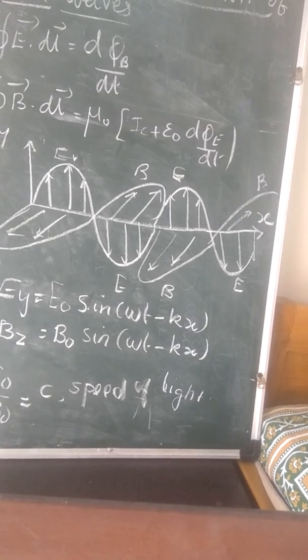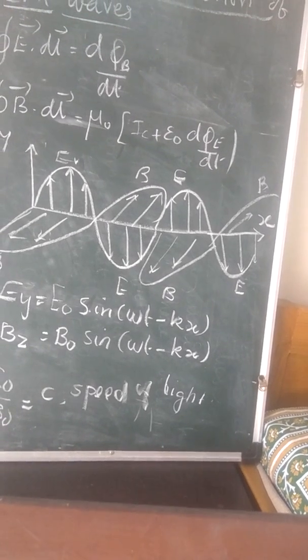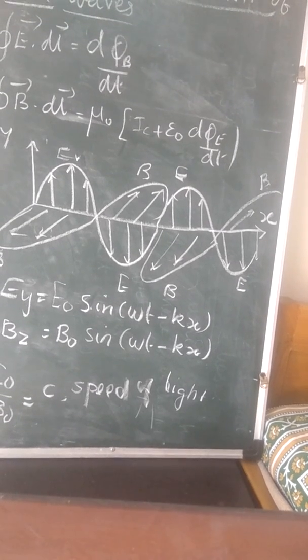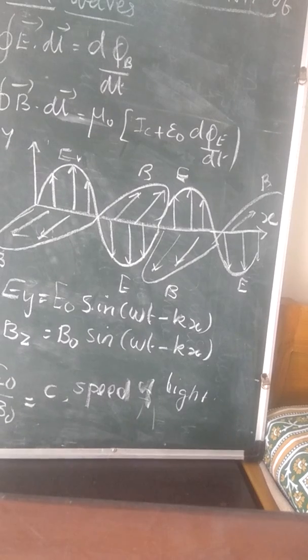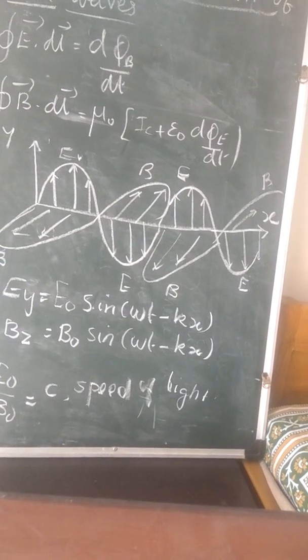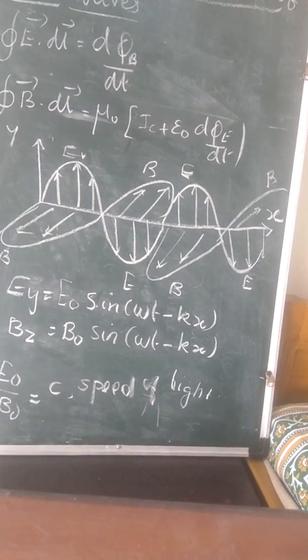So the electric field component Ey = E0 sin(ωt − kx), where x represents the direction of propagation of the wave, and the suffix in Ey represents that the electric field is along the y-axis.